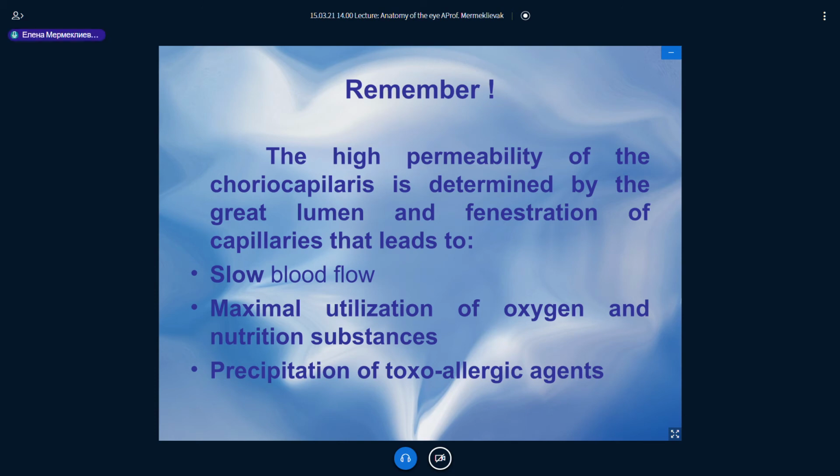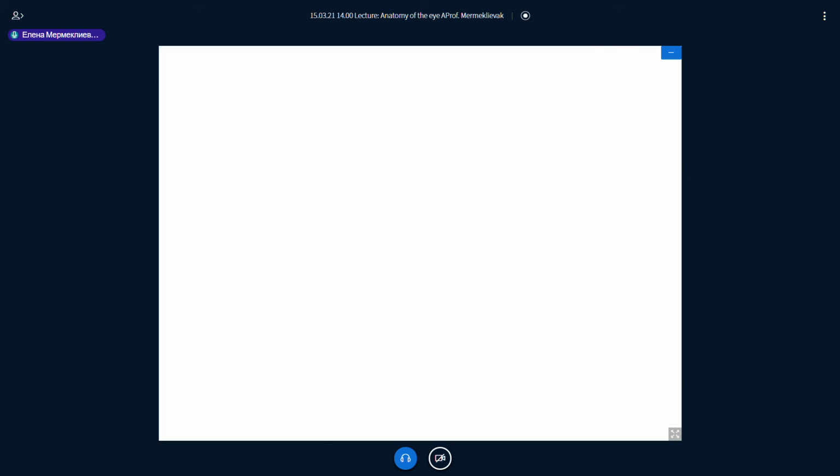It is important to know that the high permeability of the choriocapillaries is determined by the great lumen and fenestration of capillaries that leads to slow blood flow, maximum utilization of oxygen and nutrition substances, and precipitation of toxoallergic agents, unfortunately.